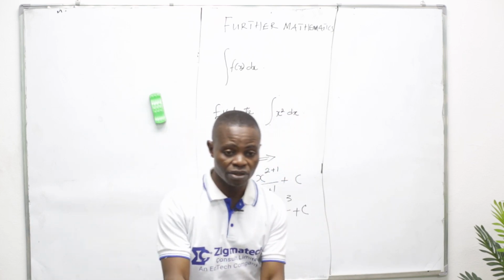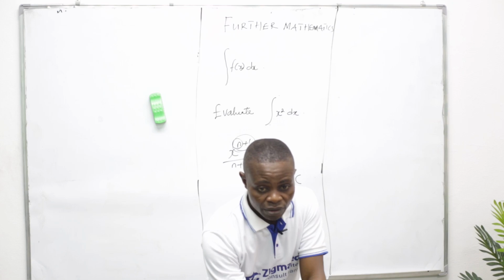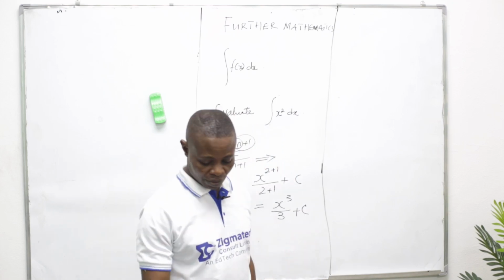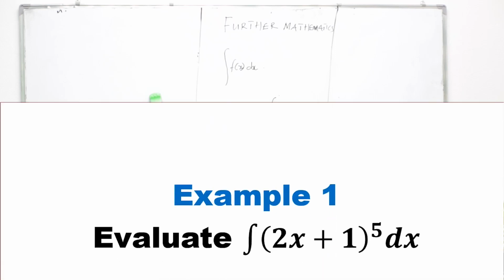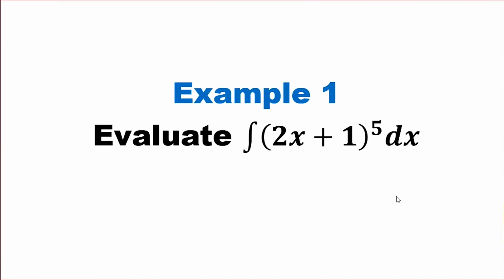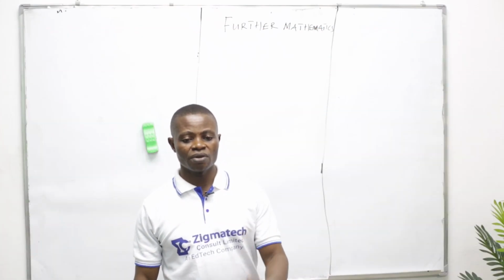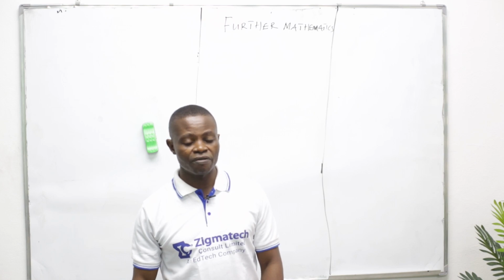Now, let us look at this sample 1. Evaluate the integral of, opening bracket 2x plus 1, closing it, raised to the power 5 dx. This question, if you are looking at it, you are seeing a power. If it is to be differentiation, this is just what you call chain rule or function of function.